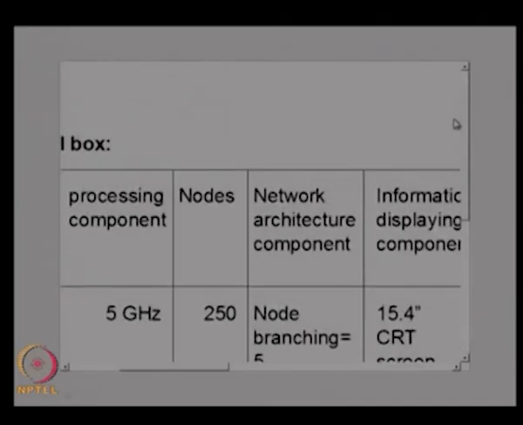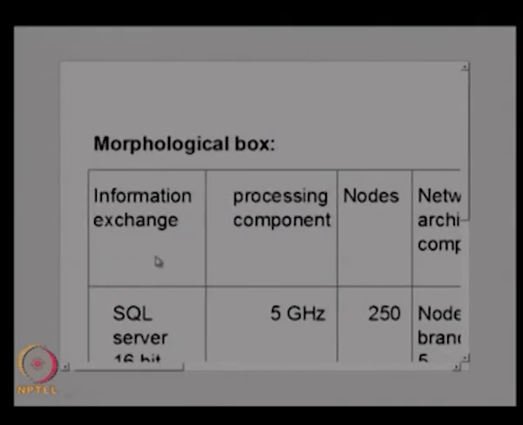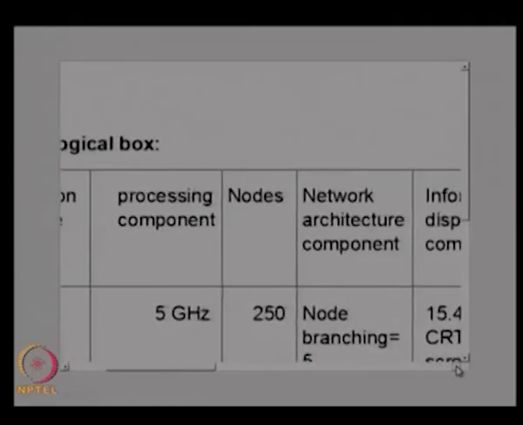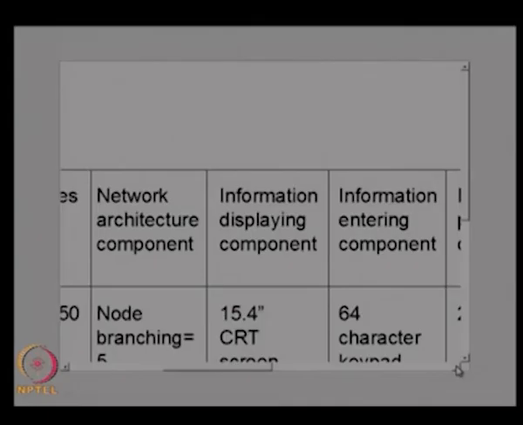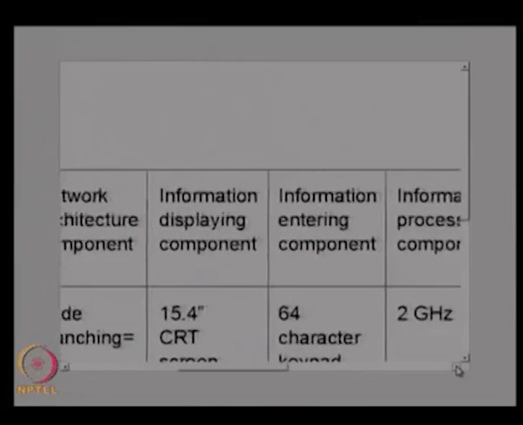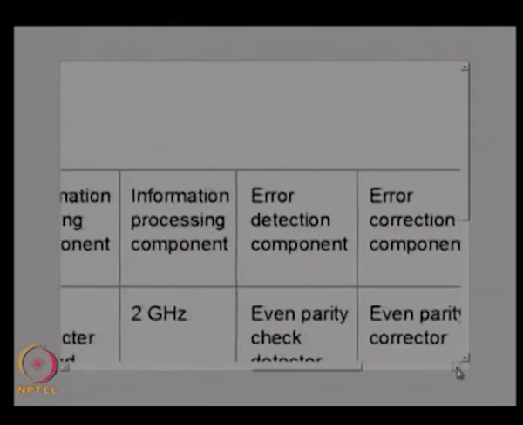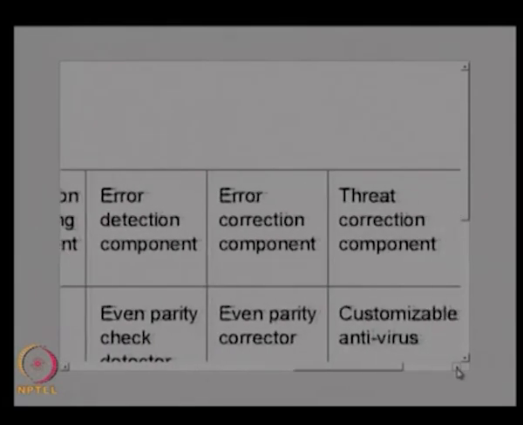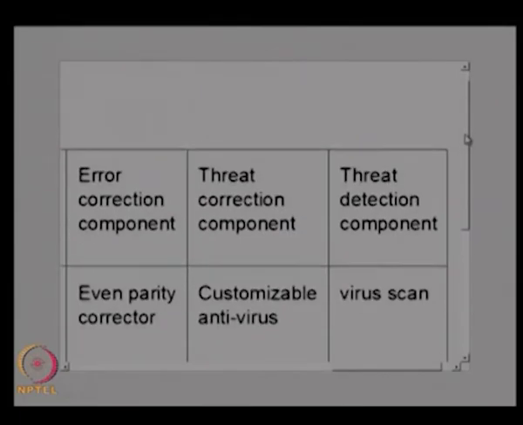This shows the morphological box for various components: information exchange, processing component, number of nodes, network architecture component, information display, information entering component, information processing component and error detection component. Of course, we also have the error correction component, threat correction component and threat detection component, and we have different options for all these components.